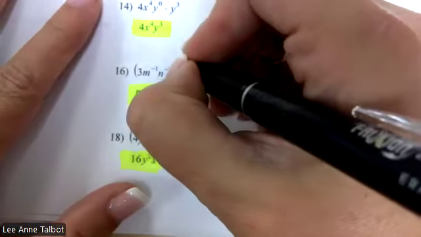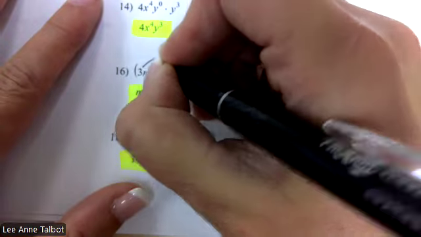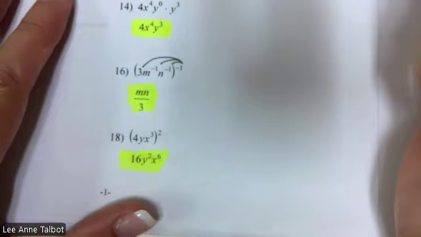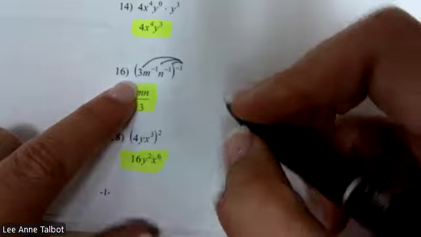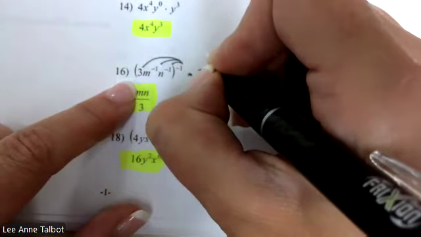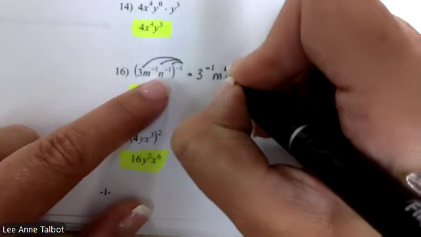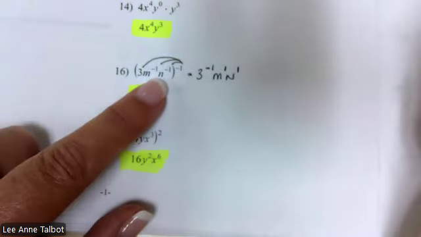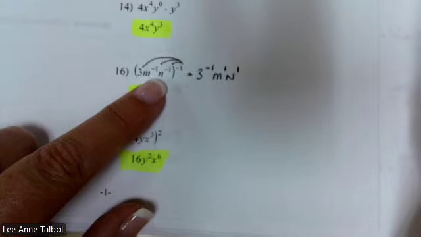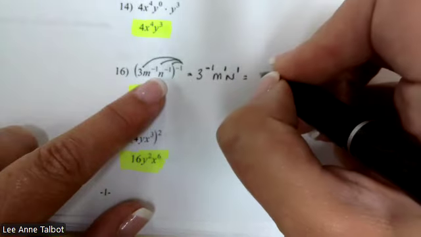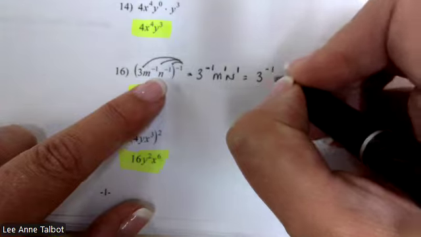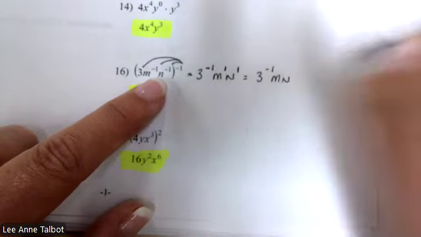Okay, so first thing I'm going to do is distribute my -1 exponent. So I have 3 to the -1, m to the +1, n to the +1. And then 3 to the -1, and then I'm just going to change those to mn.